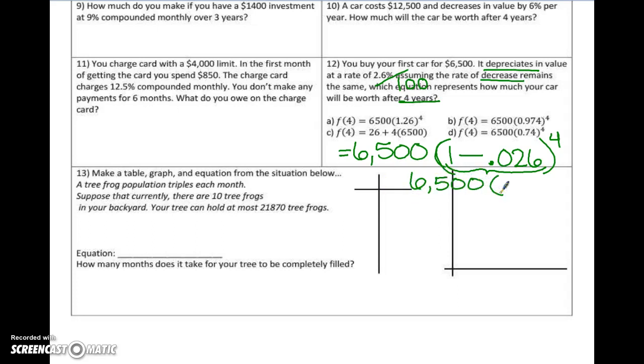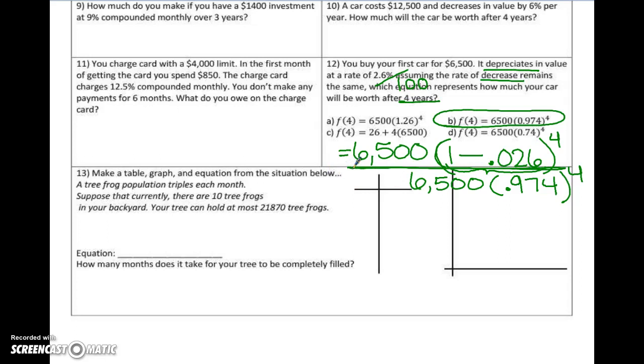If you do 1 take away 0.026, you get 0.974, and it's still to the 4th power. So that is going to be answer B. That's the one that would give us the same result as this that we wrote out.